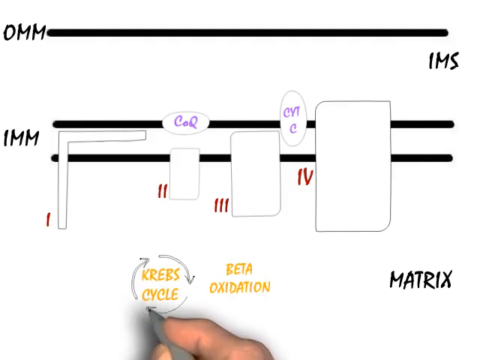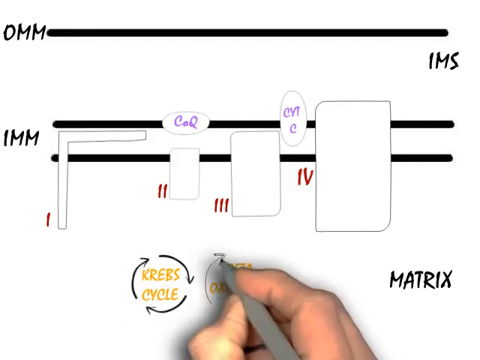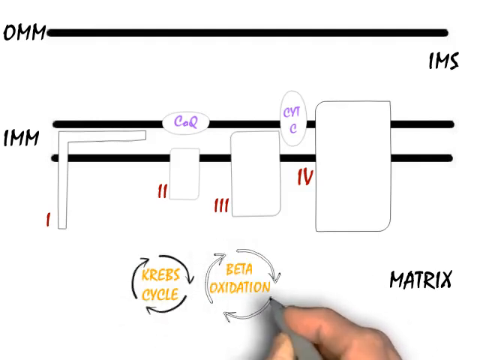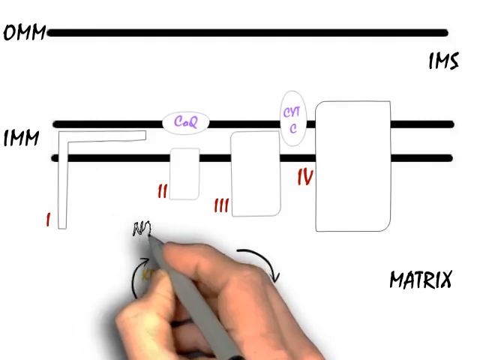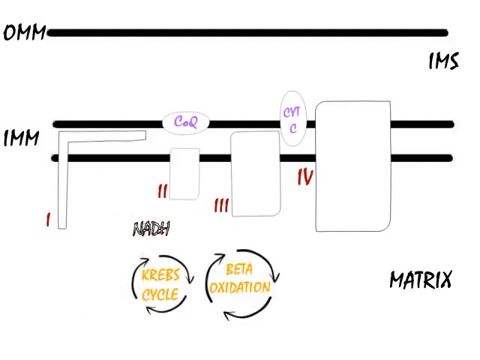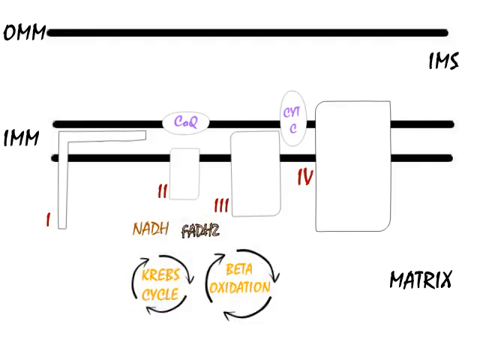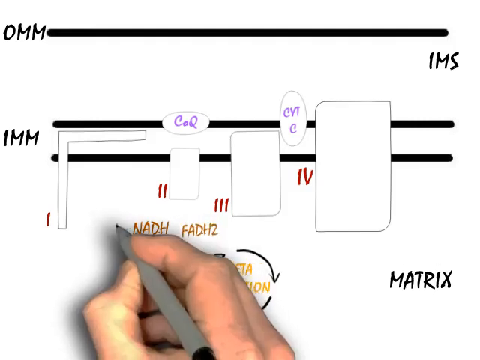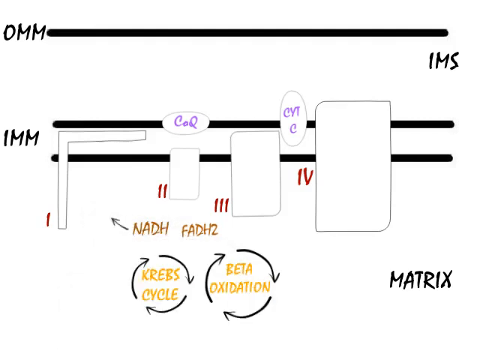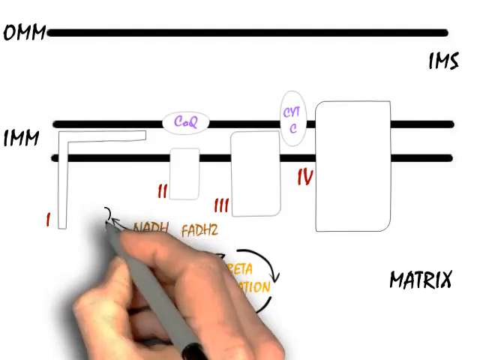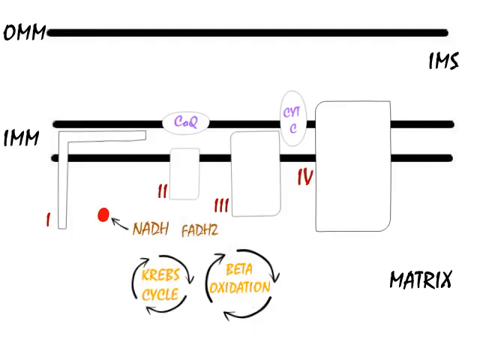The electron transport begins when the reducing equivalents produced from the Krebs cycle and beta oxidation donate their electrons to the first complex. The electron in the illustration is marked with red color.